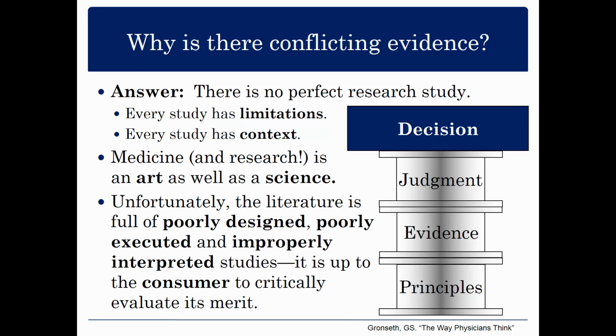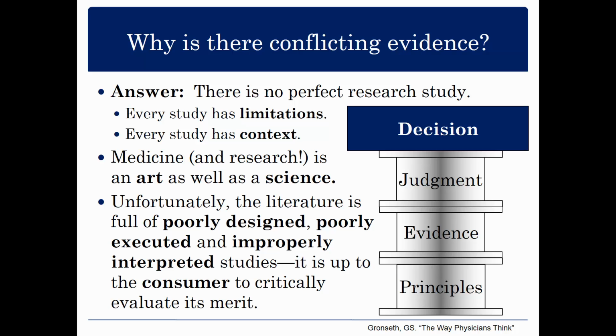So, why is there conflicting evidence? I went to a talk probably 7 or 8 years ago by Gary Gronseth called The Way Physicians Think. And it really got at the key reason why there's conflicting evidence. It's because it's not black and white.